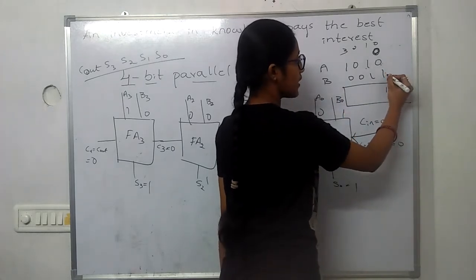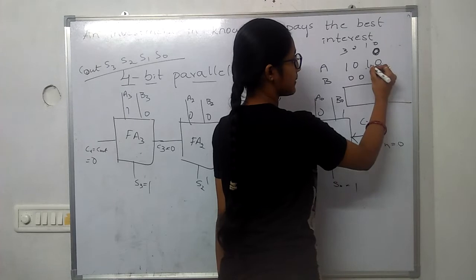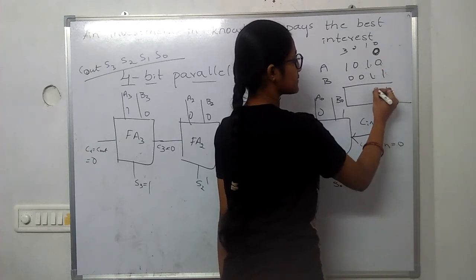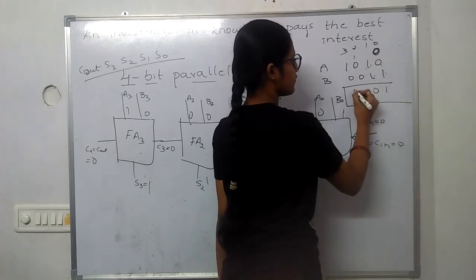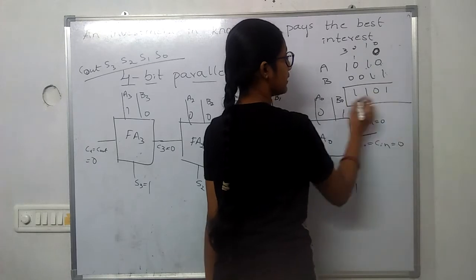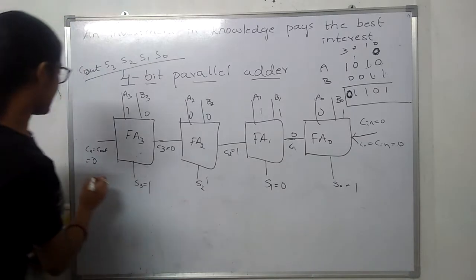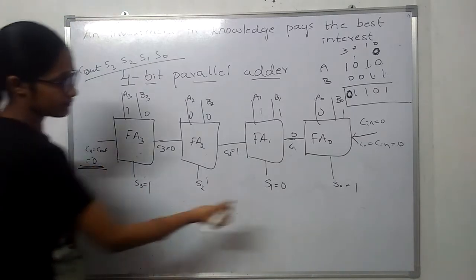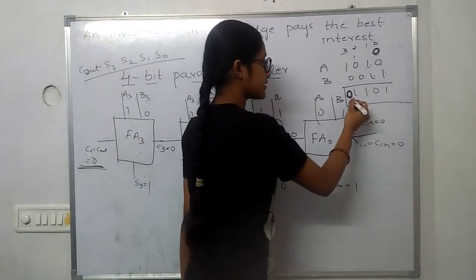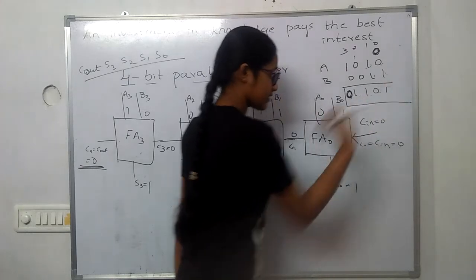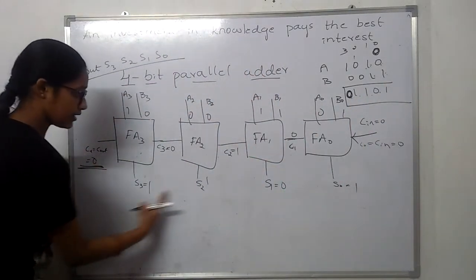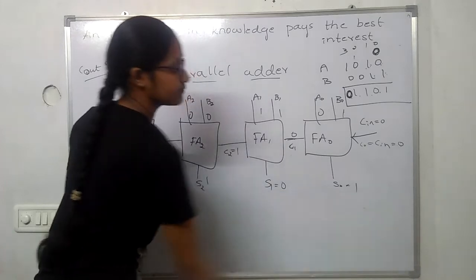So 0 plus 1 is 1, 1 plus 1 is 2, that is 0, 1. So 1, 1, 0, 1 and that final 0, that is our carry here. The final carry, that also we have to consider. So 0, 1, 1, 0 is our answer. Let's see. 0, 1, 1, 0 and 1.